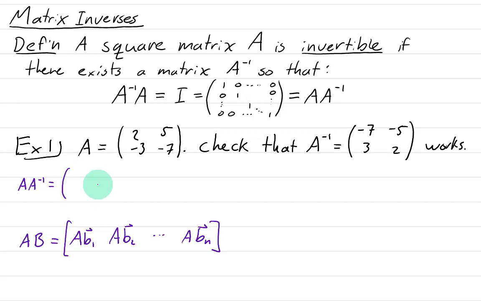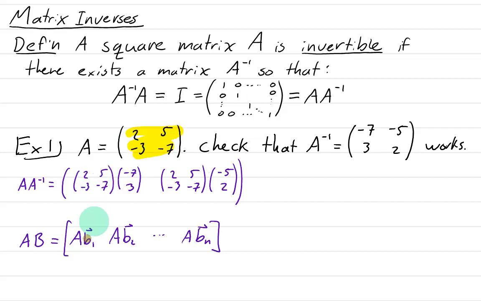To get this first column, it's going to be A, the 2, -3, 5, -7, multiplied by this column here, and then 2, -3, 5, -7 multiplied by the -5, 2 column. So again, we're using A times this column here, and then A times this column here.